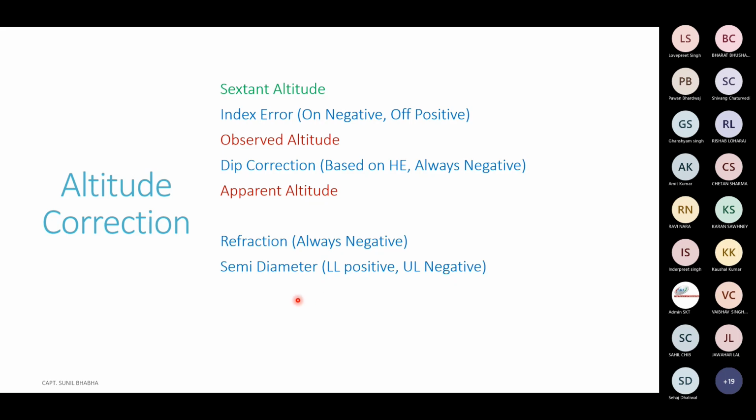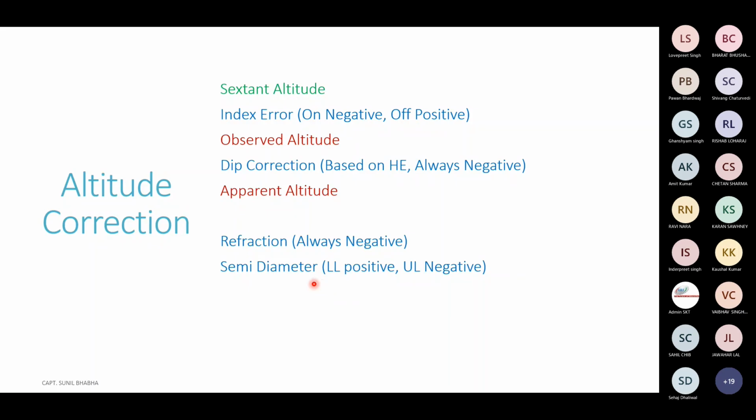Now when you take the altitude of the lower limb, obviously to reach the center of the body, you will have to add the radius of the body as visible to you. This radius in terms of altitude correction is known as semi-diameter. We know diameter upon 2 is the radius. So in navigation terms, it's not called the radius, it is called the semi-diameter.